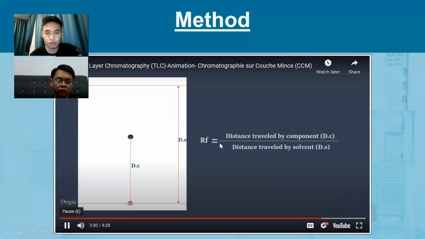This is the formula for the retention factor, which is the distance traveled by the component divided by the distance traveled by the solvent, which is the mobile phase.